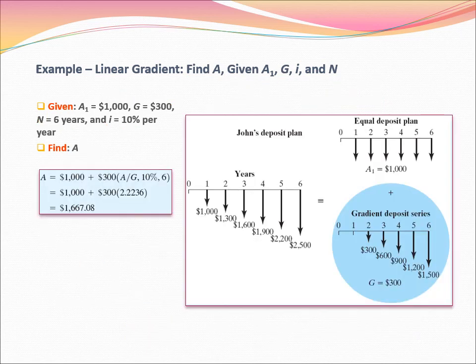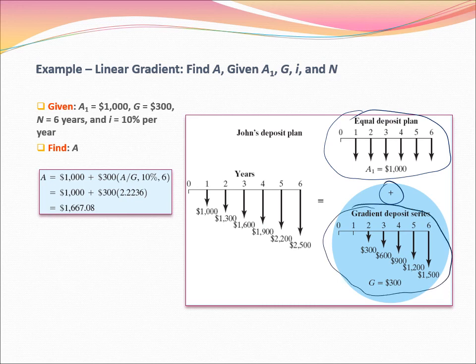So this is the solution for this question. The first one is already annual equivalent, plus the second one I need to convert this gradient into annual equivalent using this formula. And when we add this 1000 to this part, we obtain this.